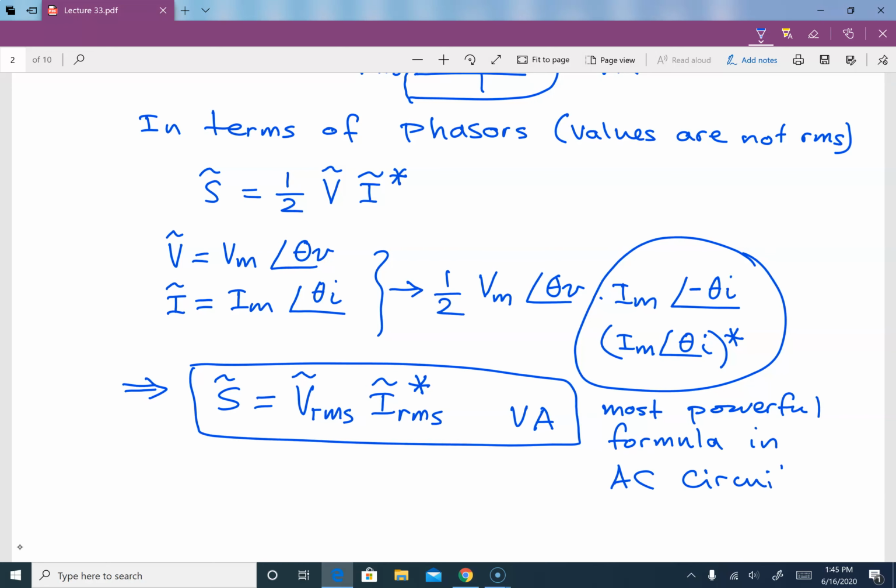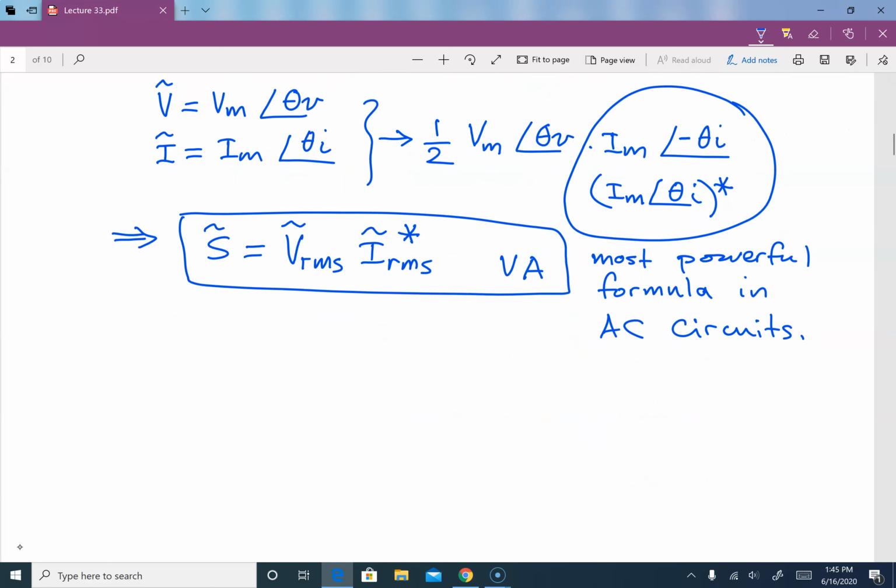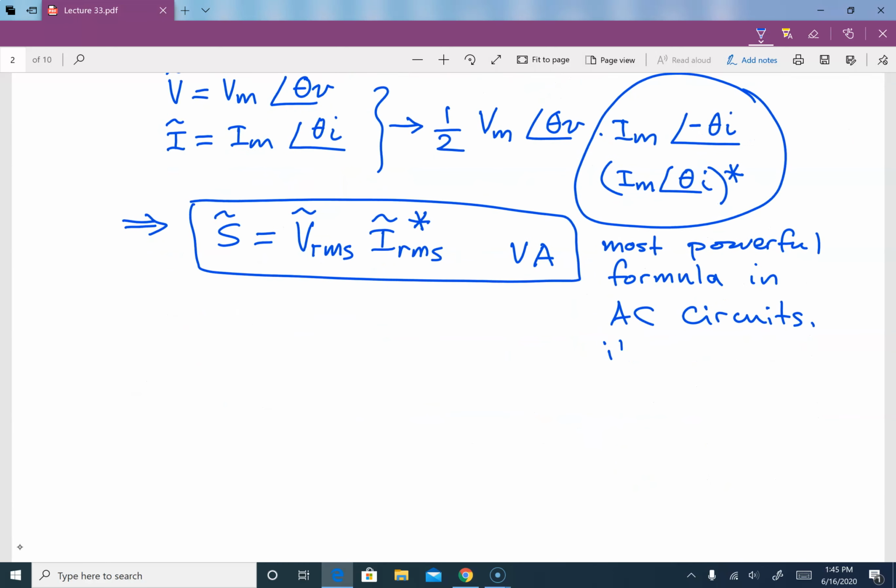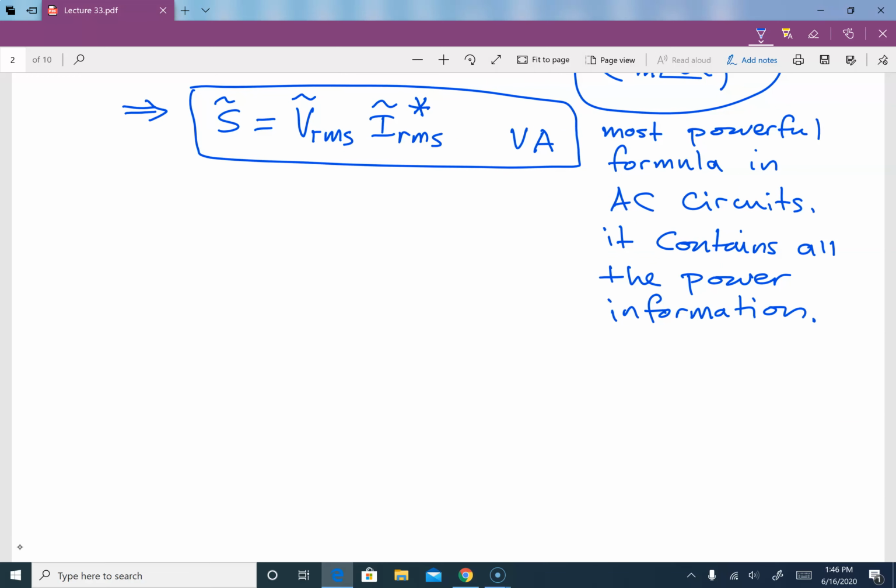The reason behind that is it contains all the power information. Let's see why we really said that it is the most powerful formula in AC circuits.